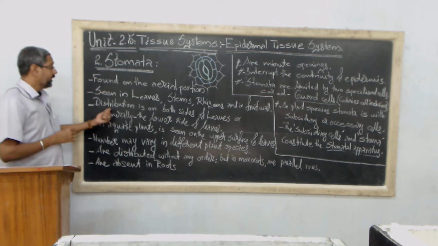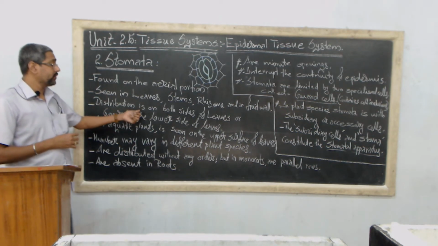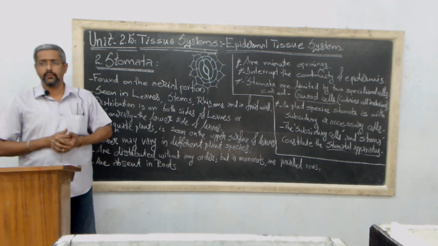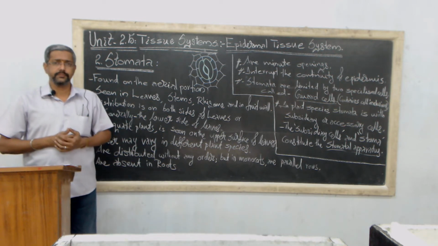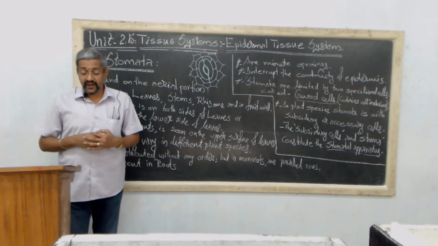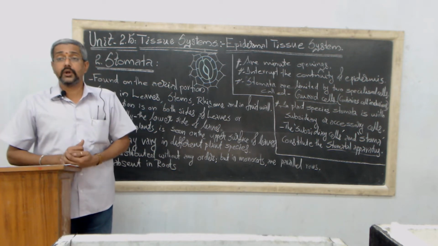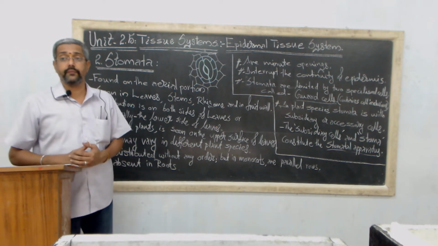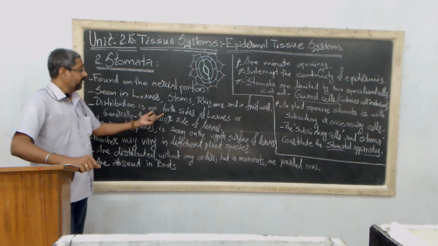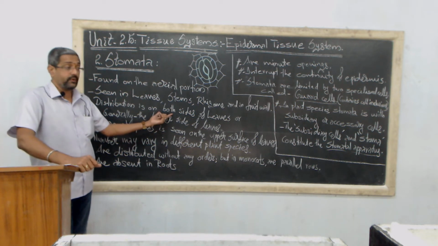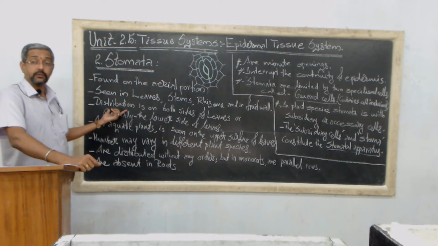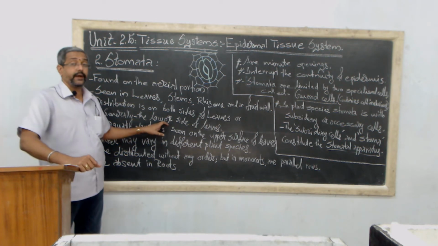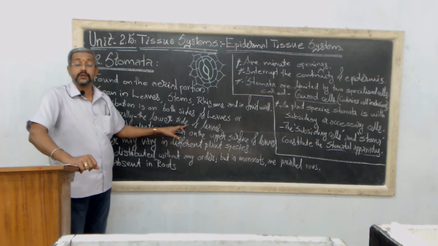The distribution of stomata is on both sides of leaves. There is heavy incidence of the differentiation of stomata on the leaf. Both sides of the leaf show the formation of stomata, but generally the lower side of the leaf contains the stomata.